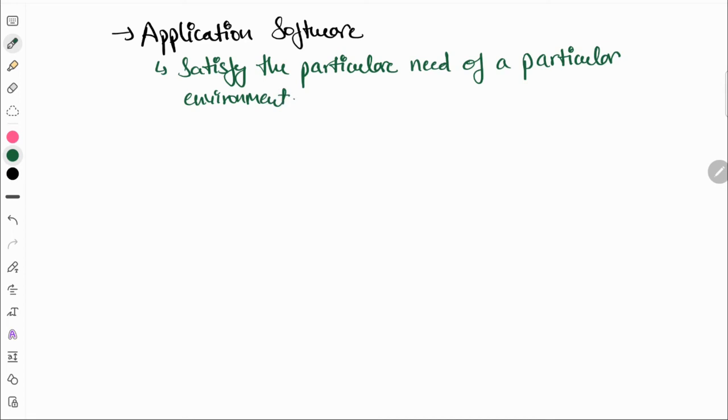All software applications prepared in a computer lab can come under the category of application software.